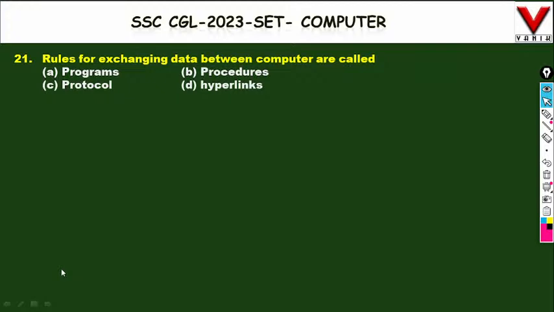The rules for accessing data between computers: between computers means in the case of internet or networking. So a program is the set of well-defined instructions for completing a task from the initial step to the final step.